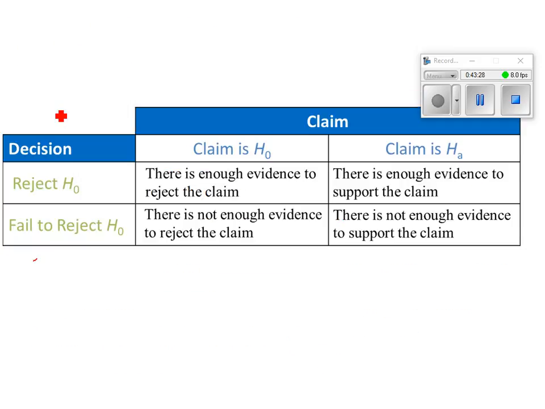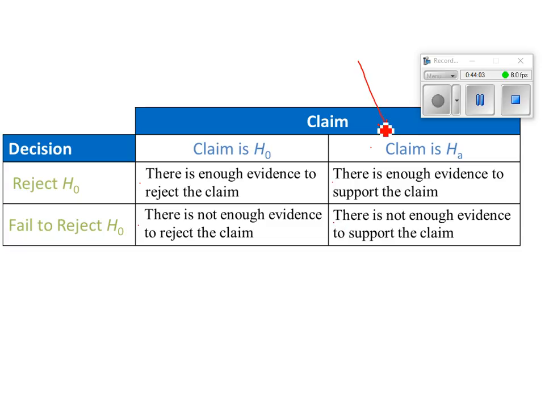That's the box. Remember, if your claim is in the HO spot, then it's one of these two things. If your claim is in the HA spot, then you're going to use one of those two. Again, if we're trying to support the claim, which one do we want it in?